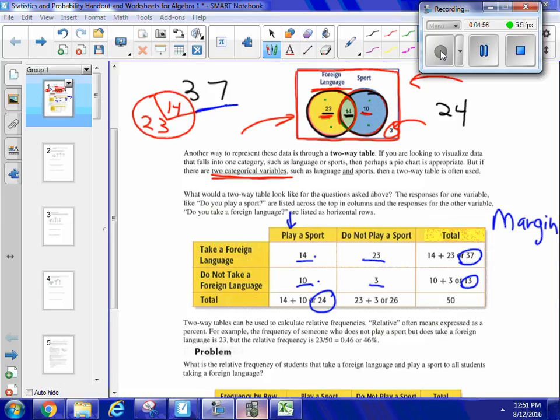How many do not play a sport? Well, 23 people do not play a sport but do take a foreign language, and 3 people don't play a sport and don't take a foreign language. So that totals 26. These numbers right here are called the marginal frequencies.